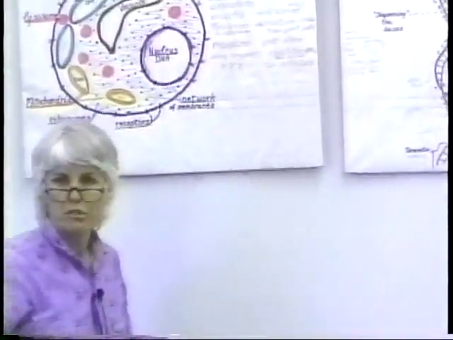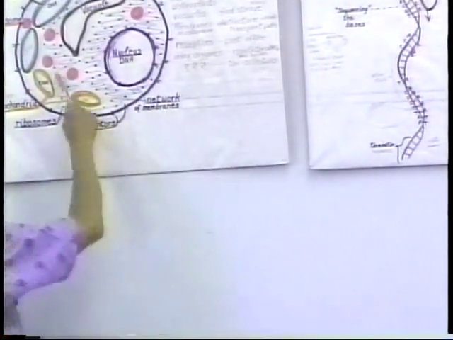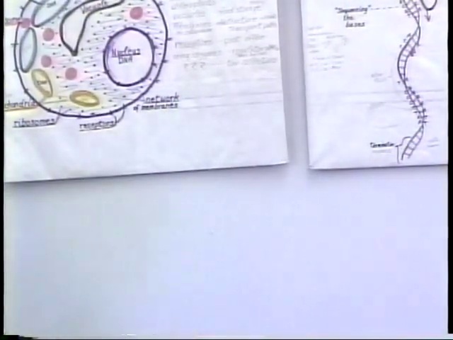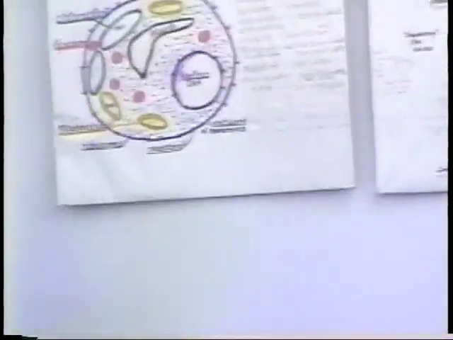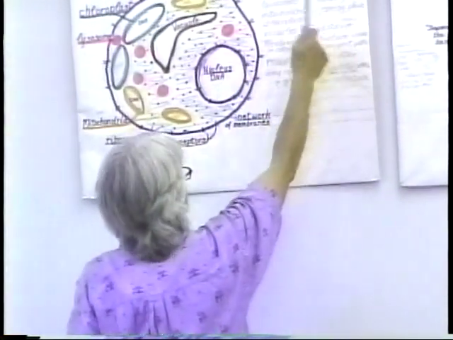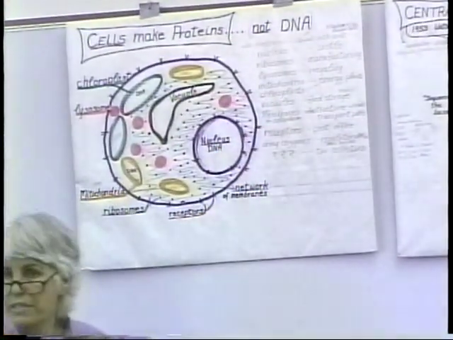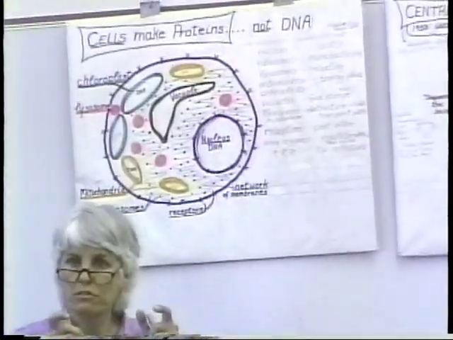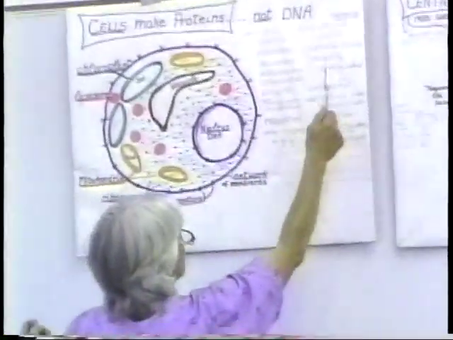There are manufacturing plants in this city, and in the cell they're called ribosomes. They're scattered throughout the cytoplasm, and that's where the proteins are actually made. There are recycling centers. In the cell they're called lysosomes. They recycle all the compounds that are used in the cell.